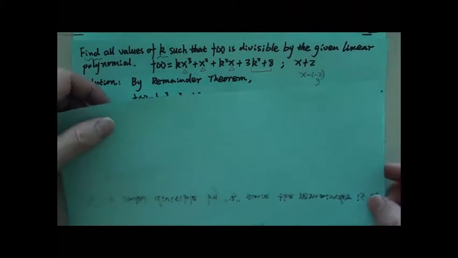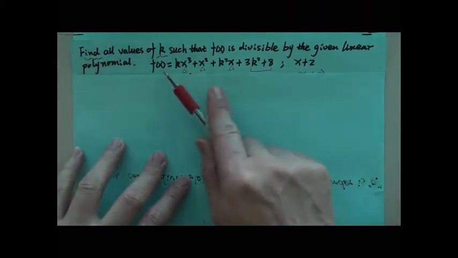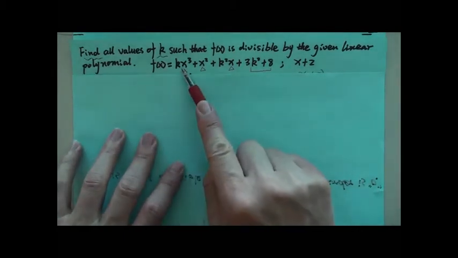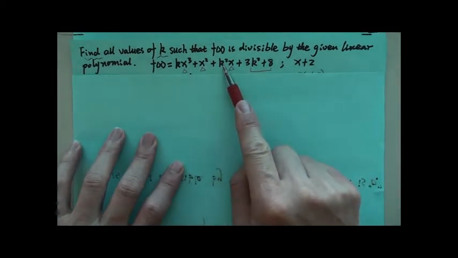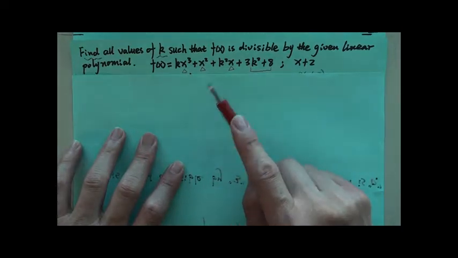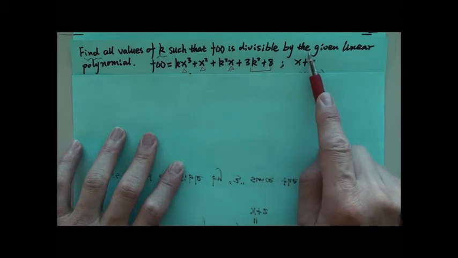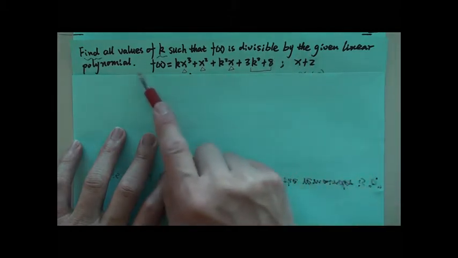This example says: find all values of k. You see k, k, k. So find all values of k such that f of x is divisible by the given linear polynomial.